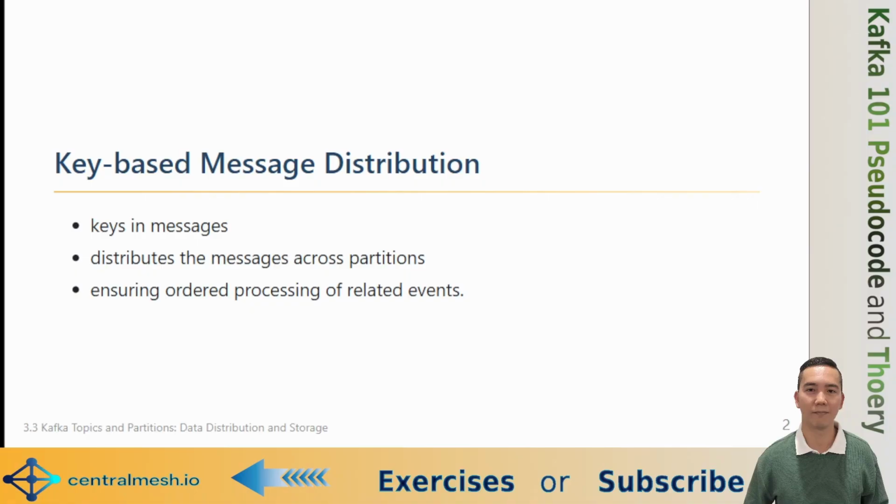Kafka will ensure that all transactions from the same user end up in the same partition, preserving the order of events for that user. Without a key, Kafka distributes messages across partitions in a round-robin fashion, which is useful for load balancing, but doesn't guarantee message ordering.